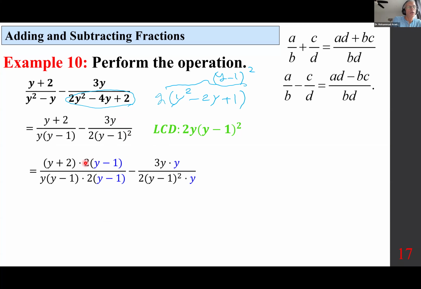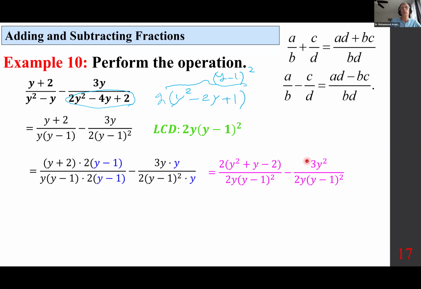So we keep the 2 out, y plus 2 times y minus 1, it's y squared, 2 and minus 1, they add up to plus y, and then minus 2. This is obviously 2y times y minus 1 squared. And this is 3y squared. Of course, we have the same denominator, and we are going to distribute 2, 2y squared plus 2y minus 4.